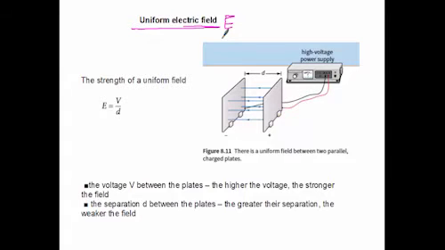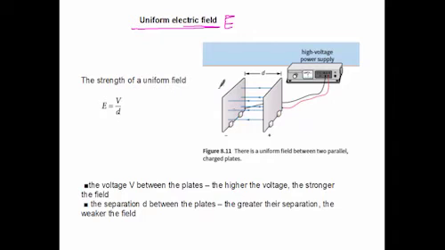To get a uniform electric field, as we mentioned before, we should have two parallel plates with different charges. So in a lab, if we have a high voltage power supply, one plate will be connected to the negative potential, the other to the positive potential.